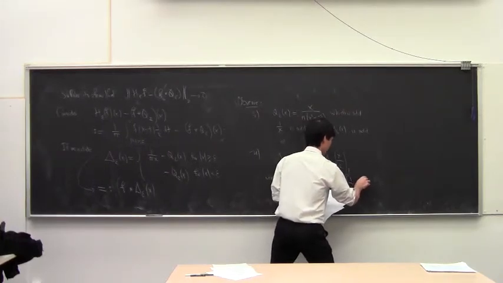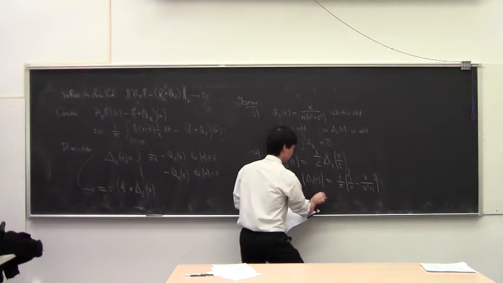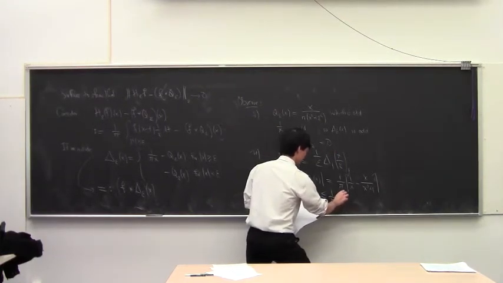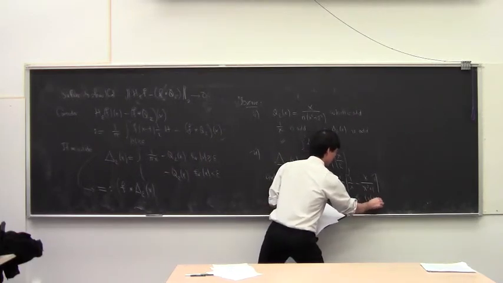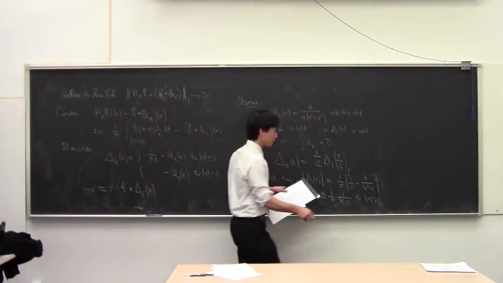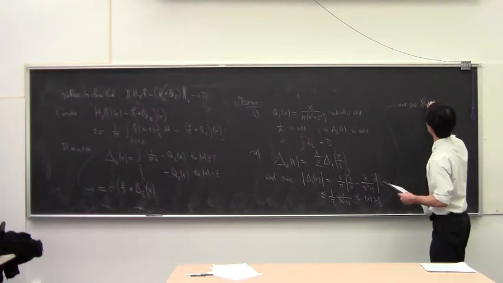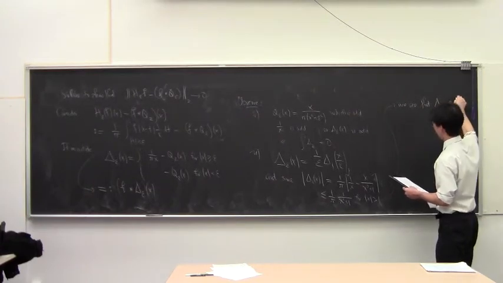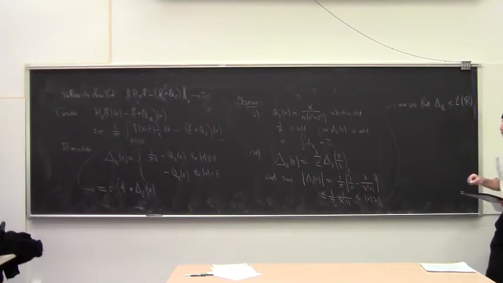This thing, x over x squared plus 1, is smaller than 1 over pi, 1 over x squared plus 1 for x bigger than 1. We see that all of the delta epsilons are in L1. And in fact, they all have the same L1 norm.